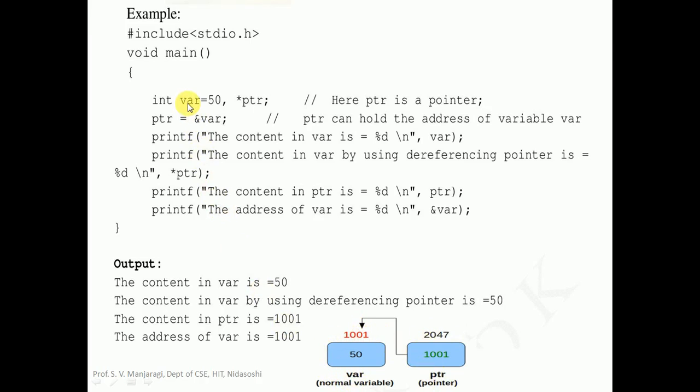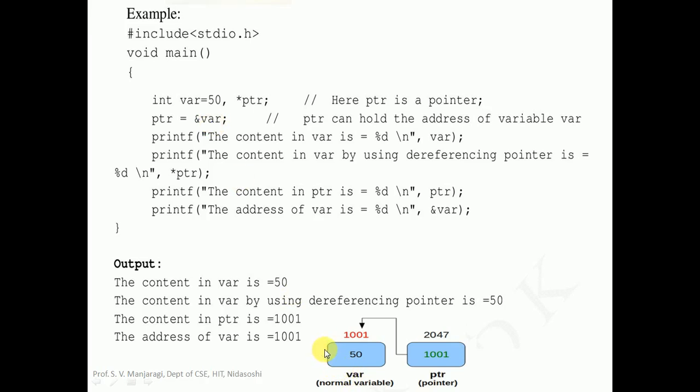Now let us move on to the next statement here. The next statement is ptr is equal to ampersand var. Ampersand basically is an operator used to extract address of a variable. Here it is basically indicating address of the integer variable var will be assigned to ptr. So what is the address of variable var? So var is here.